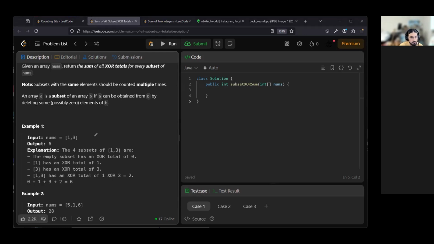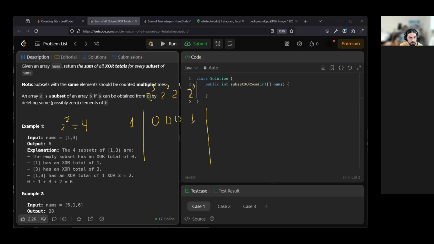1 and 3. I know that's going to be 2 to the 2, 4 subsets, if you're curious about the math. Now, if I look at the number 1 in binary, it's like that. Remember, 2 to the 0 here, 2 to the 1 for that place, 2 to the 2, 2 to the 3: 1, 2, 4, 8.